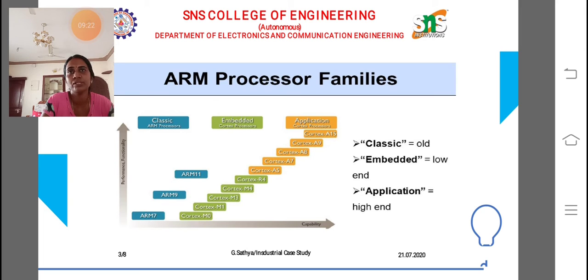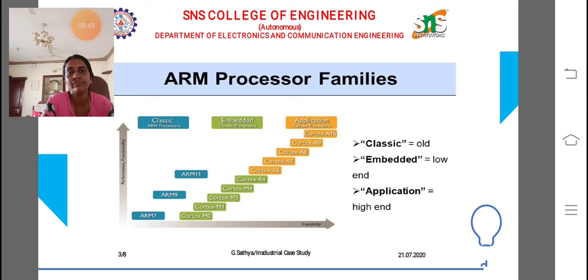So the main question is why ARM is so popular. ARM processors consist of low power consumption and low cost. It is very easy to use ARM for quick and efficient application development. That is the reason why ARM is so popular nowadays.